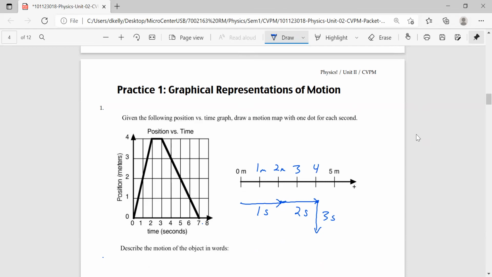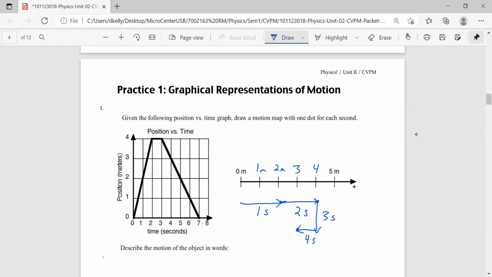So from 3 seconds to 4 seconds, it goes backwards to 3. So we can have an arrow that goes back from 4 to 3 and a little dot there. So that's what happens in the 4th second. And then from 3 meters to 2, does anything happen in the same pattern?